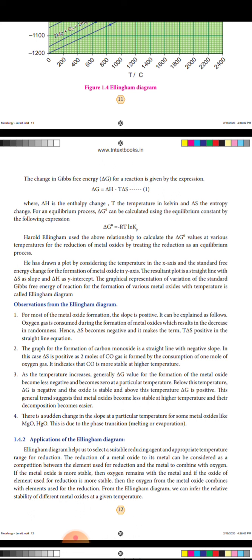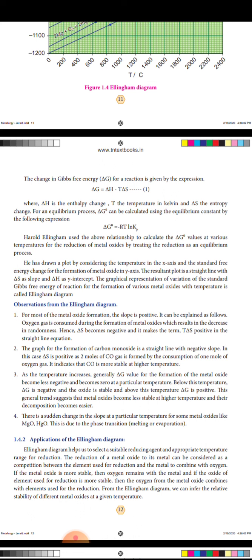As the temperature increases, generally the delta G value for the formation of the metal oxide becomes less negative and becomes 0 at a particular temperature. Below this temperature, delta G is negative and the oxide is stable, and above this temperature delta G is positive. This general trend suggests that metal oxides become less stable at higher temperature and their decomposition becomes easier.